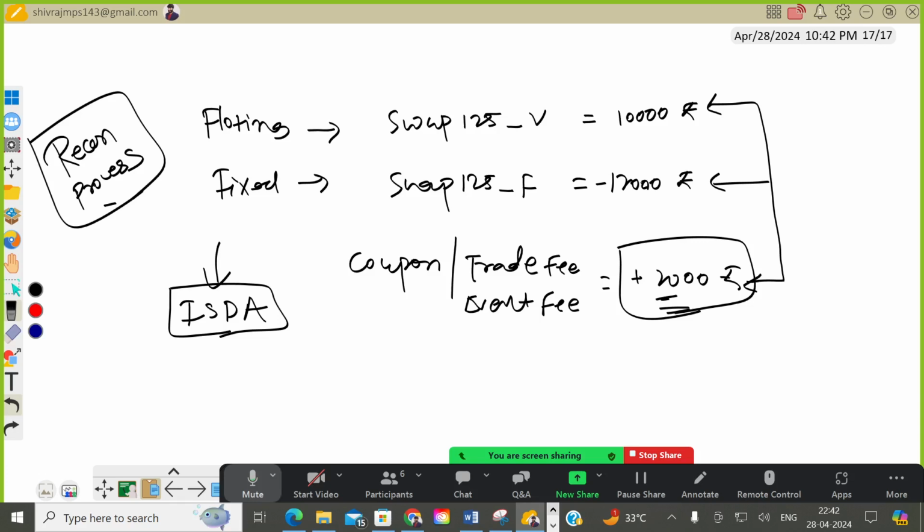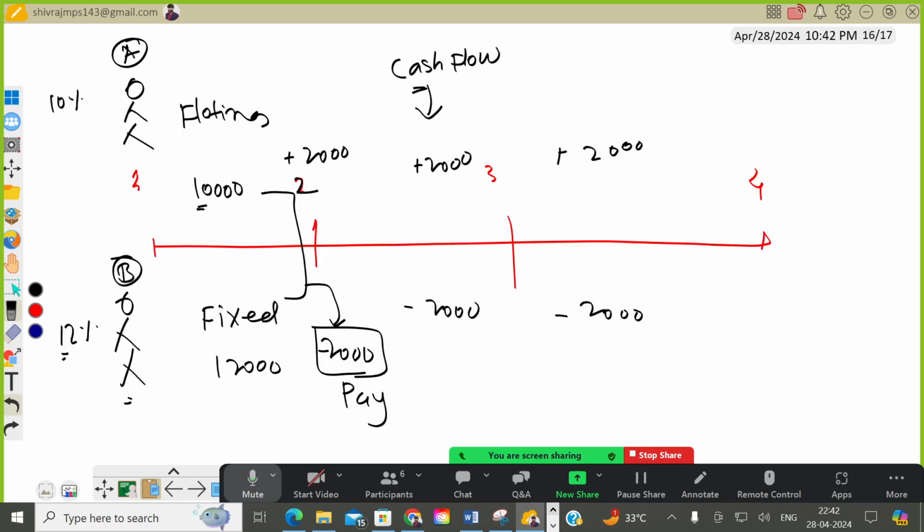But apart from this, in the swaps part we have a framework of ISDA, and ISDA defines terms of net settlement of contracts. How you can settle the contracts in net. Net means in differences. So now you tell me, let's say A transferred 10,000 to B and B transferred 12,000 to A. If they transfer the entire amount to each other, that will lead to unnecessary transaction expenses.